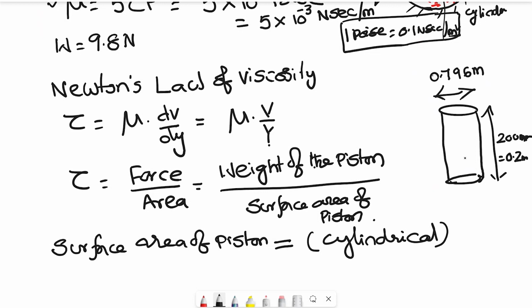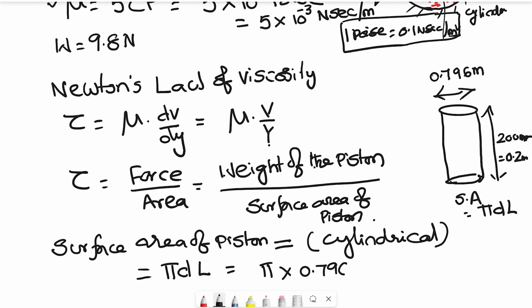So what is the cylinder surface area? It is pi into d into L. So it is pi into 0.796 into L, which is 0.2. This is basically the surface area in meter square.